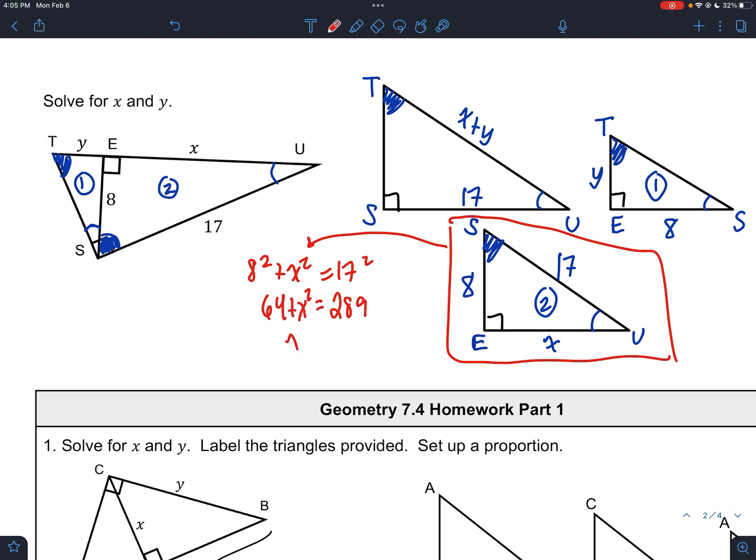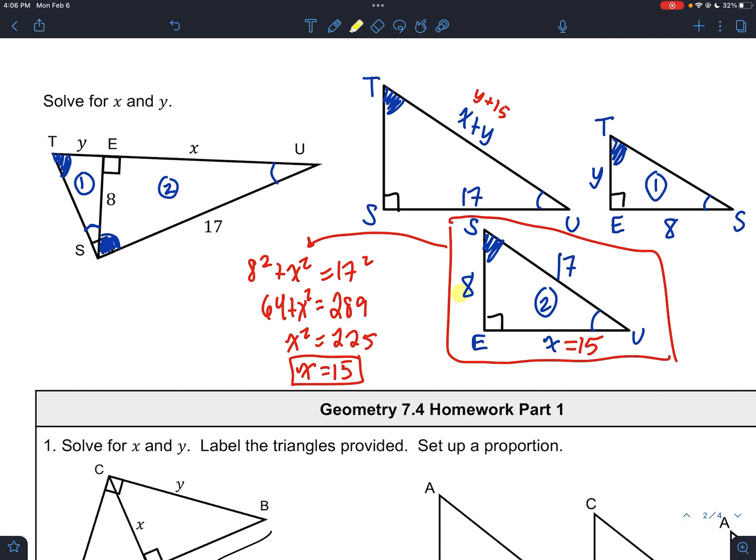If we do a little bit of work and subtract 64 from both sides, we actually get an even 15. So this x is equal to 15, which completely solves that triangle, which is huge because then we can probably compare this as a reference point to another similar triangle. And yeah, we know this is now y plus 15, but again, probably not going to use that.